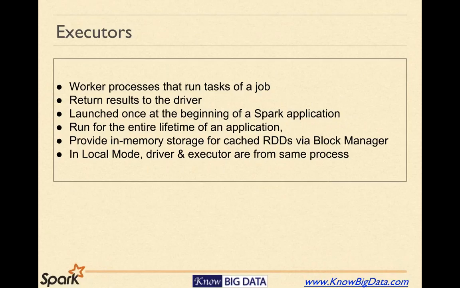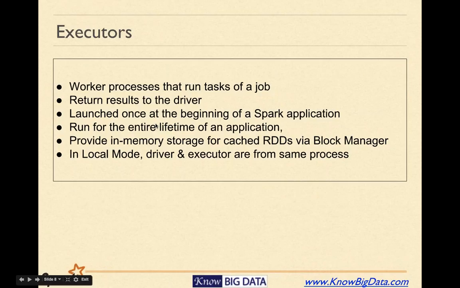So basically, the executor might finish in the beginning, or whatever time it takes, but they can be killed from the Spark application. So it all depends. This lifetime part is something which is contradictory here.